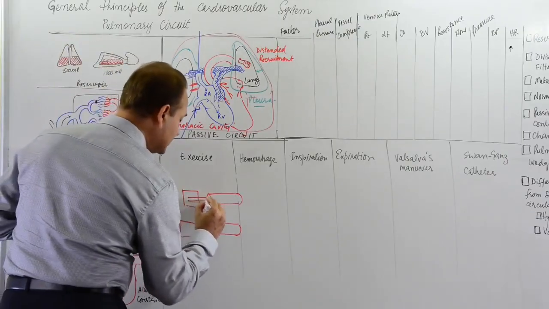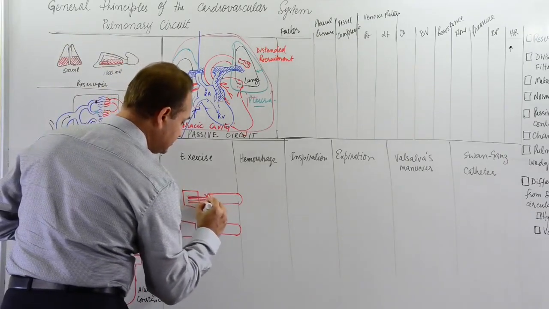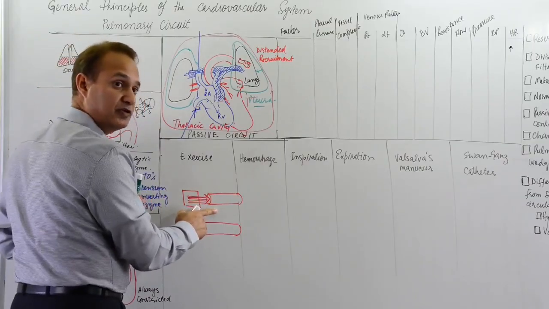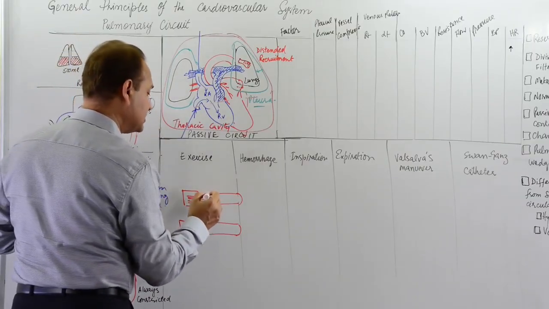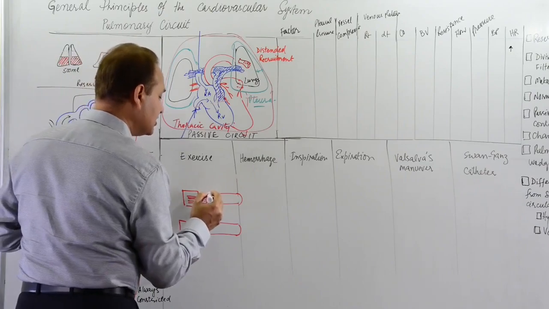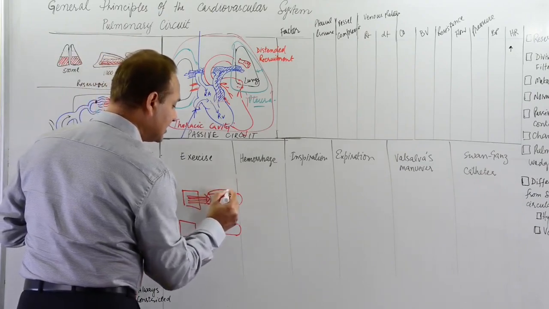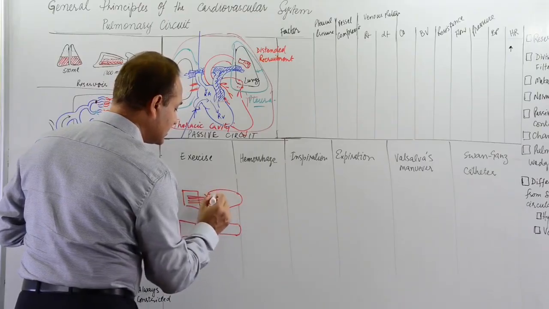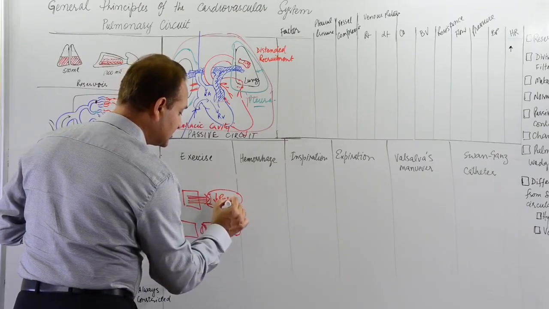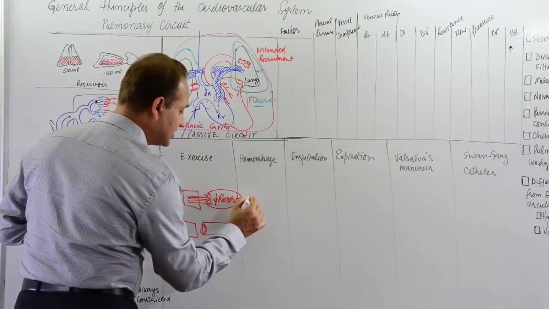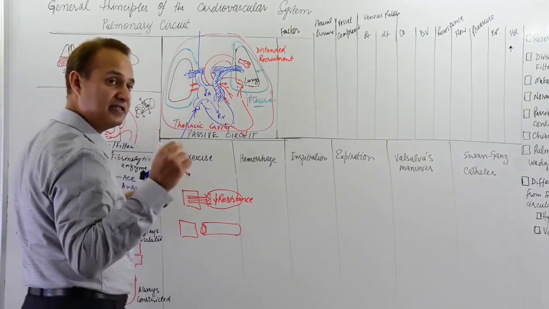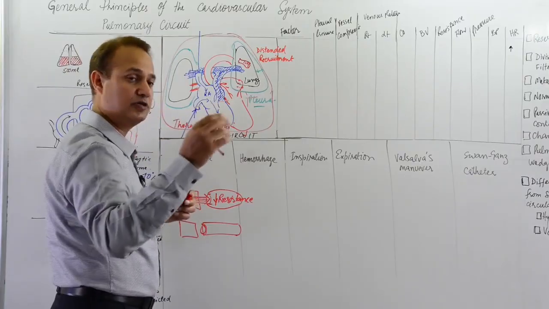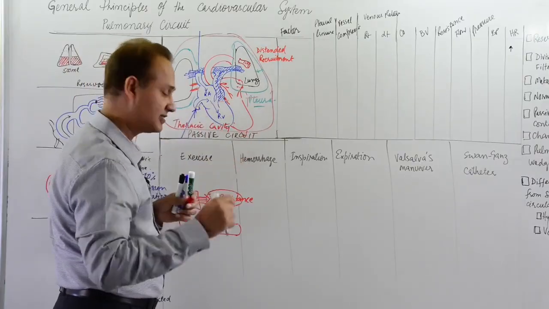If you increase the output to the pulmonary vasculature, the pulmonary vessel becomes extended, it dilates, and it reduces the resistance up to an extent, otherwise it will burst.